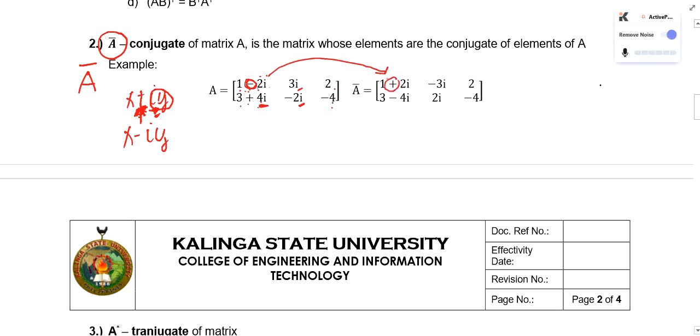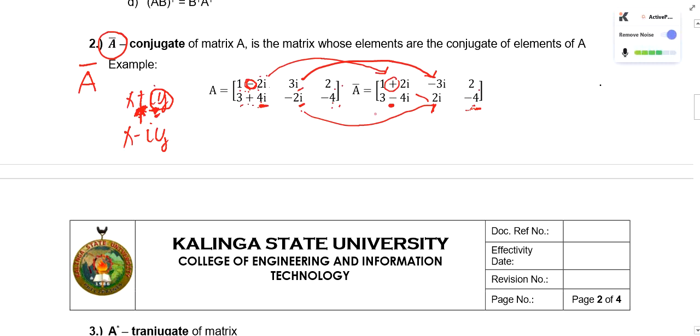Yung 3 plus 4i, magiging 3 minus 4i. Yung positive 3i magiging negative 3i. Negative 2i magiging 2i. And then yung 2 pa rin siya, negative 4 pa rin siya. So wala tayong complex numbers sa element 2 and negative 4.